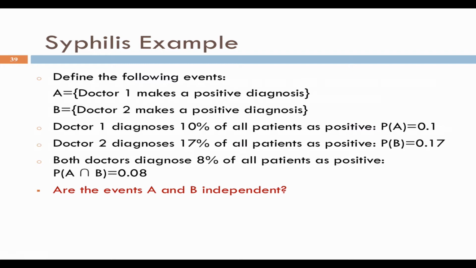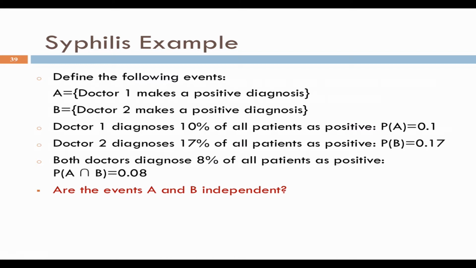Let me also tell you that there are some patients who went to Dr. A and also went to Dr. B. So they went to both doctors, and both doctors diagnosed 8% of all patients as positive. That means the probability of A intersect B is 8%.